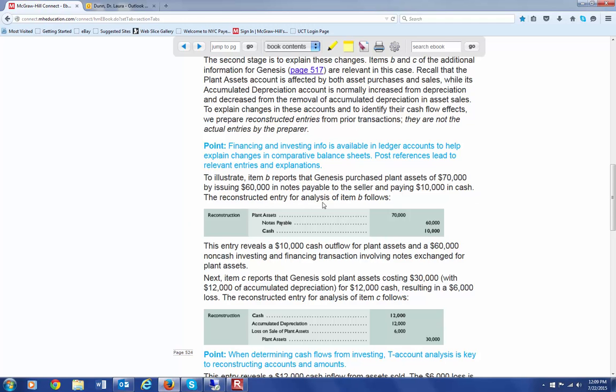So the reconstructed entry for this item would be plant assets $70,000, notes payable $60,000 credit, and cash credit of $10,000. So you have a cash outflow of $10,000 for plant assets and a $60,000 non-cash investing and financing transaction.